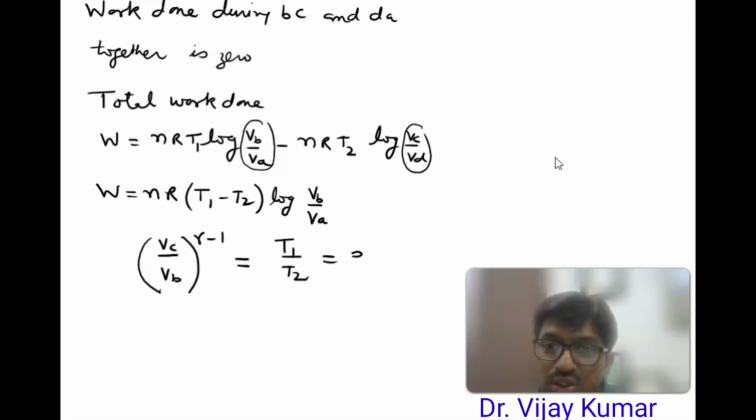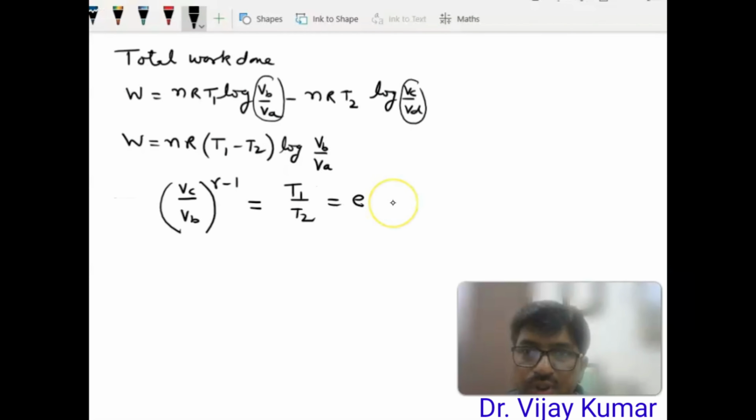and in the question it is given that T1 upon T2 is equal to e, so VC upon VB is equal to e to the power 1 upon gamma minus 1.